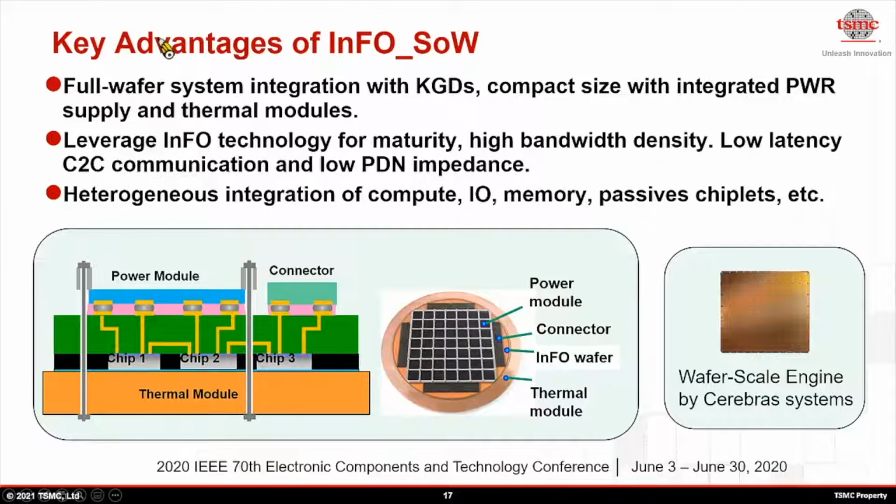The second example is the InFO SoW, which is a full wafer system integration with known good dies, compact size with integrated power module and thermal modules. We leverage InFO technology from its maturity, high bandwidth density, low latency chip-to-chip communication, and a low PDN impedance.